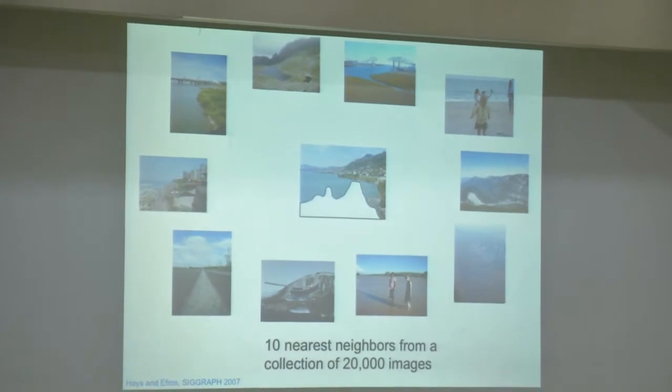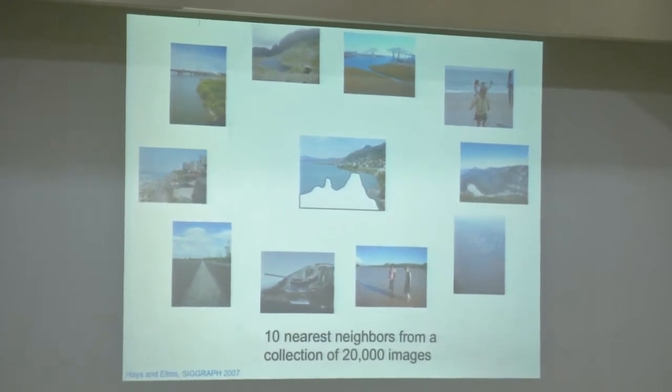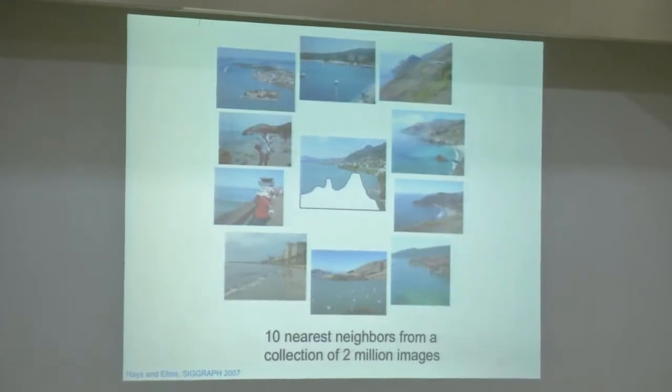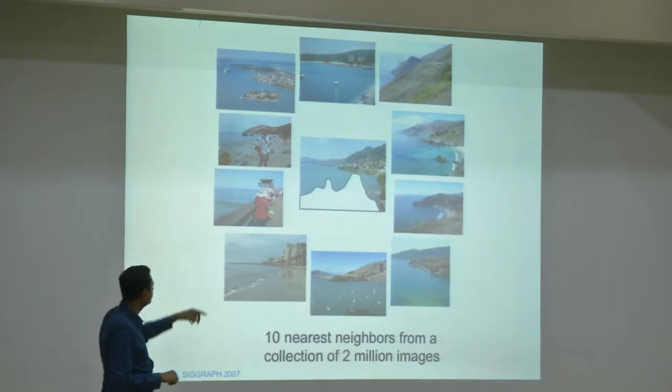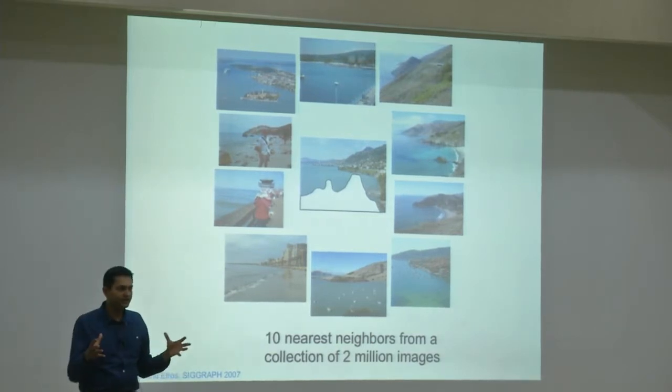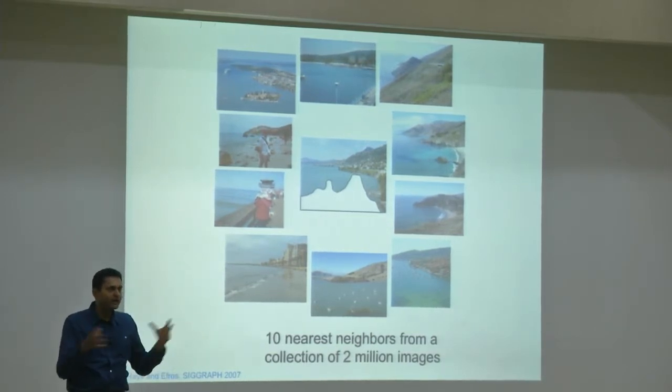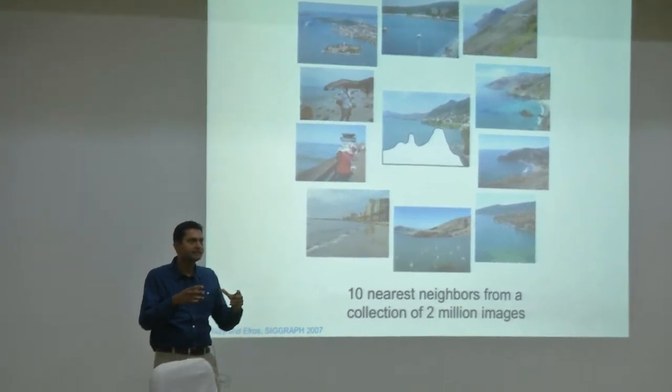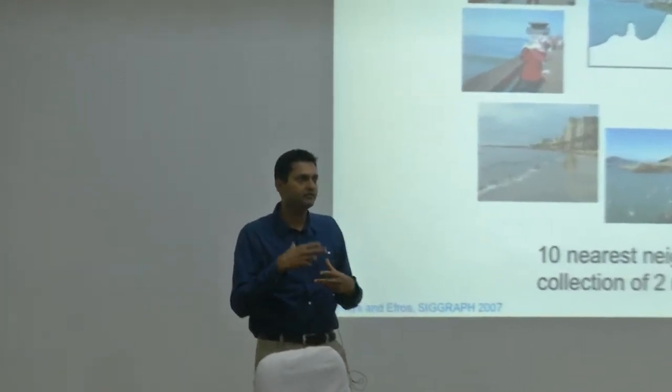But on the other hand, if you use all of Flickr, just 2 million images, let's say, and you find the nearest neighbors, you'll see that these look much more similar. When you increase the amount of data that you're searching over, it's more likely that you'll find something that's a better match. It should be something very obvious: the more data you search over, the more likely it is to find a good match to what you're looking for.